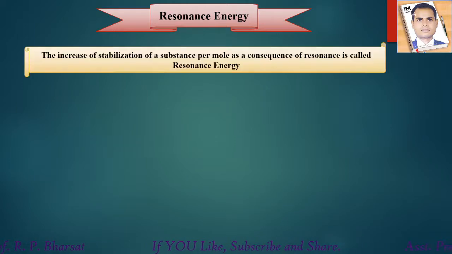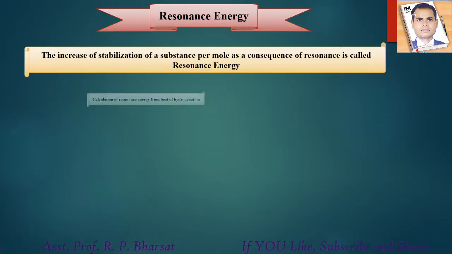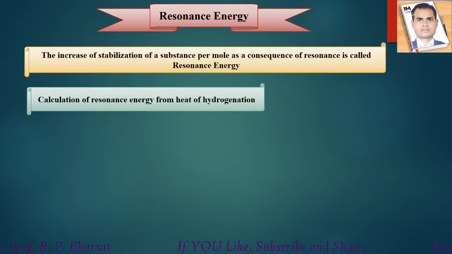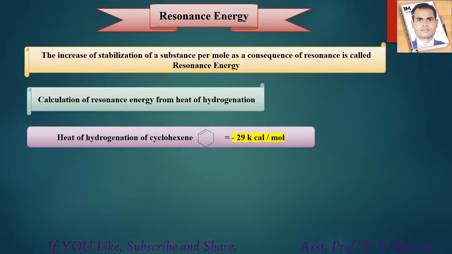In this case, the increase in stabilization of a substance per mole as a consequence of resonance is called resonance energy. Calculation of resonance energy from heat of hydrogenation: like this you can calculate the resonance energy with the help of hydrogenation.